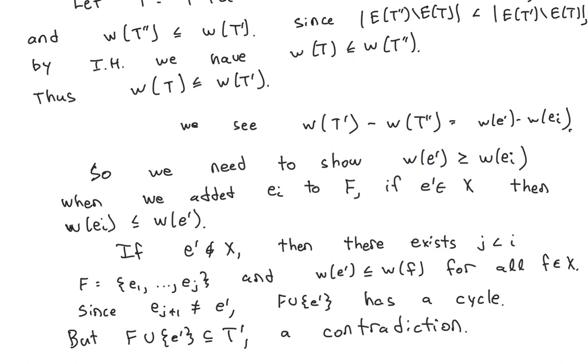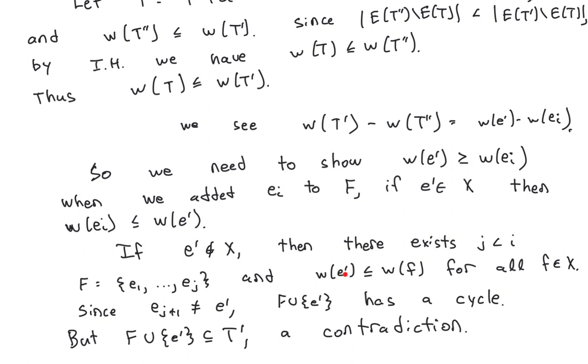So then there's one other case, that's if E prime was not in X at that point. Well, then that had to have been removed from X by the algorithm, which meant there was some point where the algorithm considered it, which means there's some j less than I where all we've added to our set F so far is E1 through EJ, when the property is that the weight of E prime had to be the smallest weight of all the things in X at that point.